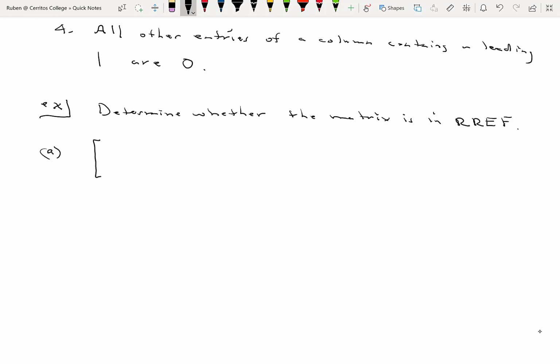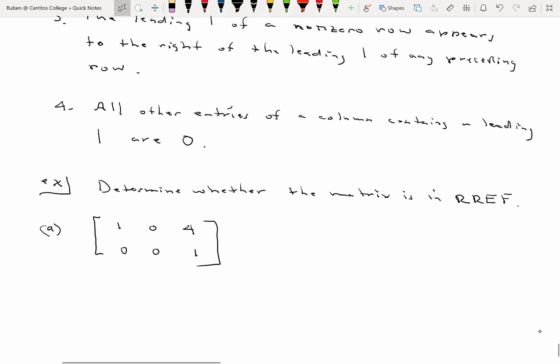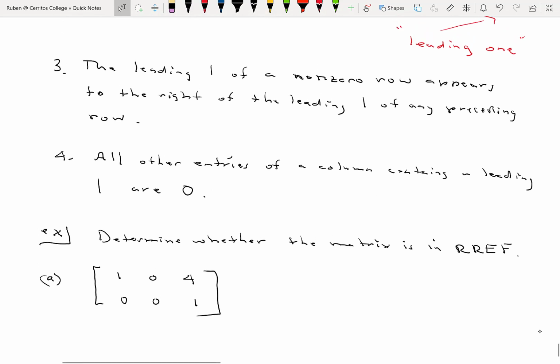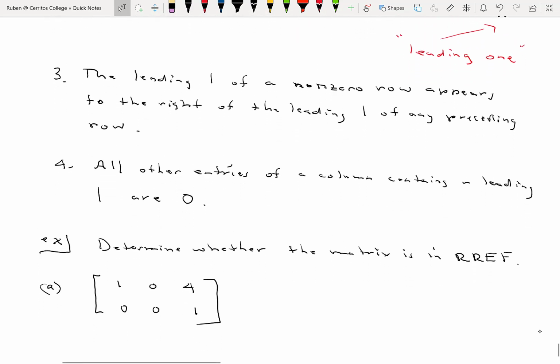Part A, the matrix 1, 0, 4, 0, 0, 1. Okay. Well, your eye probably focused on one number in there that really destroyed things. But go through the four things, or try to figure out which of the four things is violated.